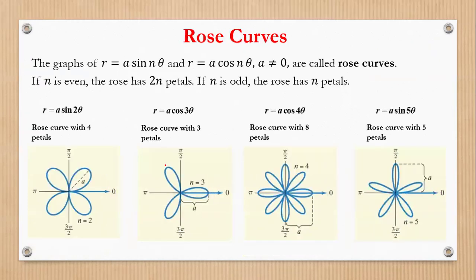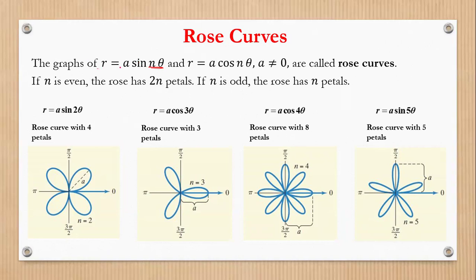But if we have any equations in the form of a sine or a cosine of n theta, this time the theta is not just by itself, it has a number next to it, like sine 2 theta, sine 3 theta, sine 4 theta, cosine of 2 theta, 3 theta, 4 theta.